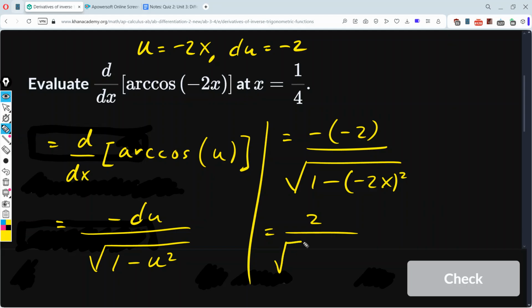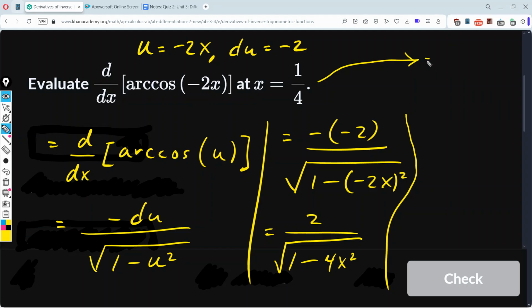Square root in the denominator, and that's going to be 1 minus. Negative 2 squared is 4, and x squared is x squared. So it's 1 minus 4x squared. All right, and plugging in x equals 1/4. I might need the extra room here. That's going to be 2 over the square root of 1 minus 4x squared.